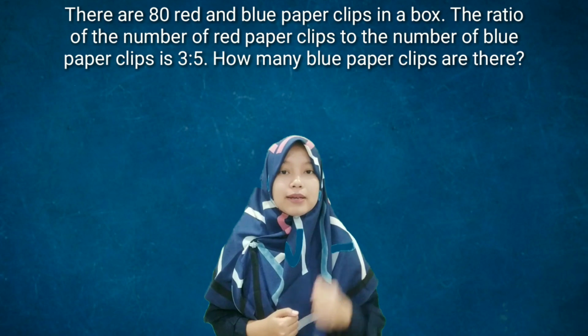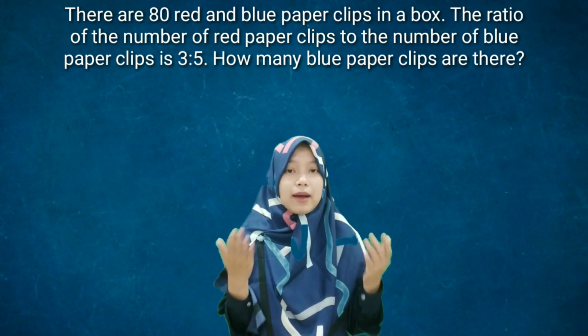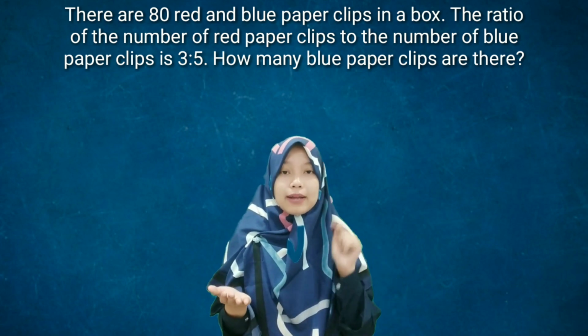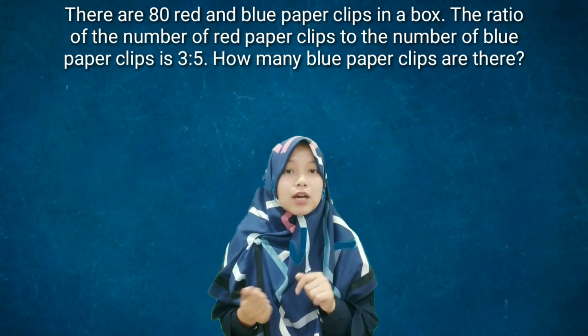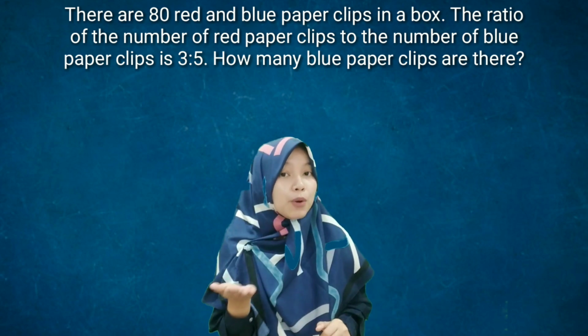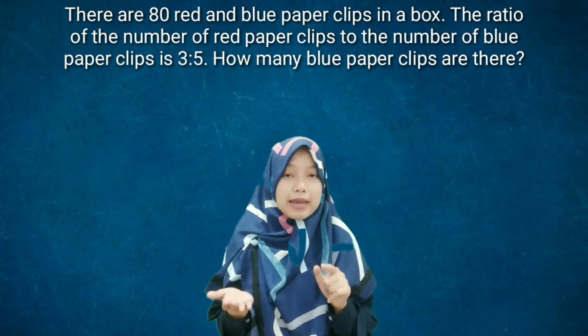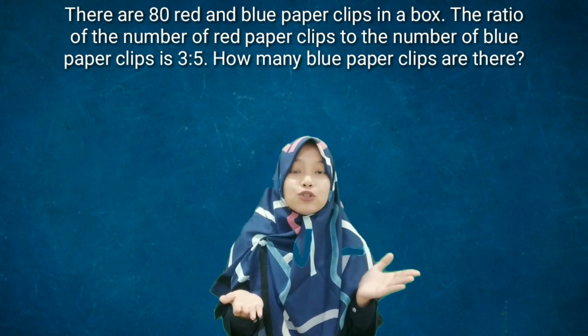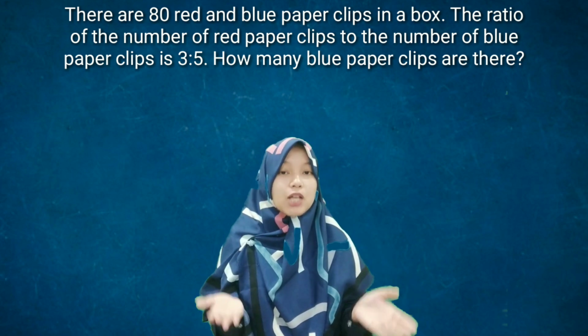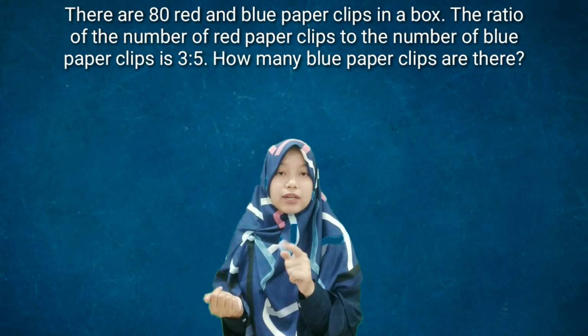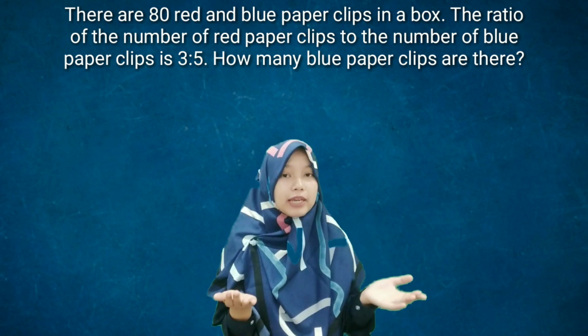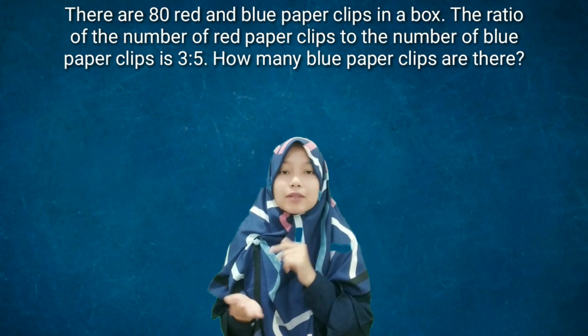The ratio of the number of red paper clips to the number of blue paper clips is 3 to 5. The question is, how many blue paper clips are there?